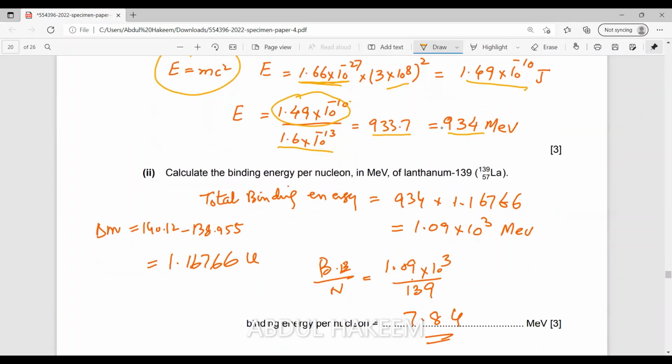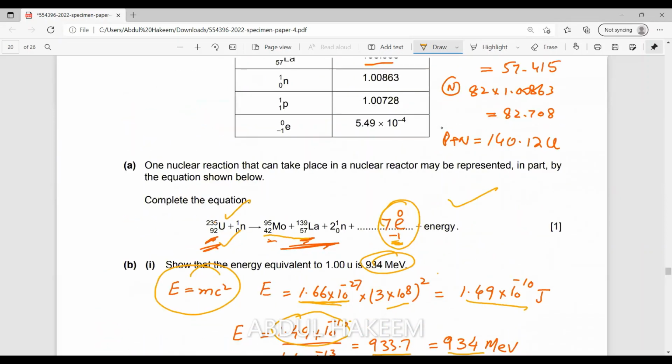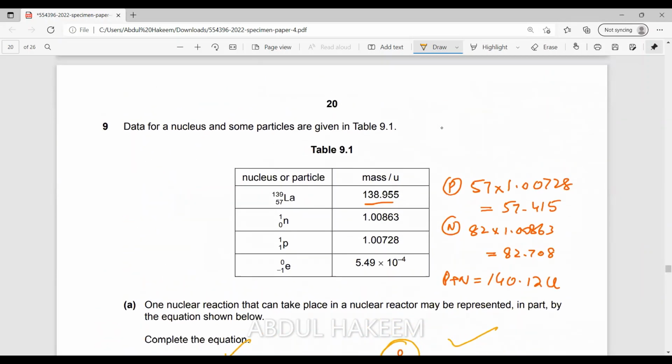And the next, calculate the binding energy per nucleon of the lanthanum 139. Now the total binding energy, look at this. This lanthanum has 57 protons. So 57 multiplied by the proton mass, this one.